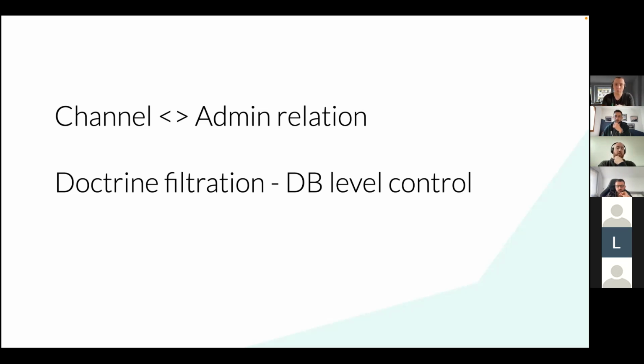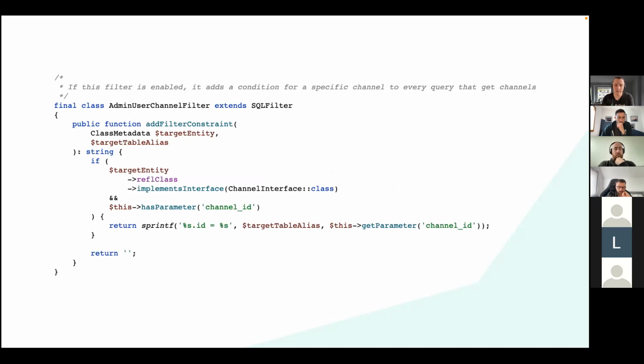This also means that we are using Doctrine filtration, which is built-in functionality in Doctrine. During the request, an additional class is called, which adds another where statement to the query that is executed on the database, restricting channels.